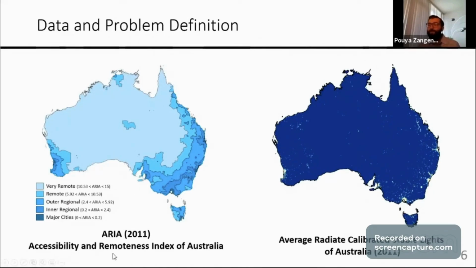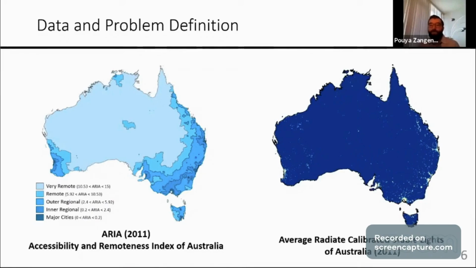It's called ARIA, the Accessibility and Remoteness Index of Australia, which divided the whole remoteness range into a continuous variable from 0 to 15. They calculate these by taking census data as well as commercial data.